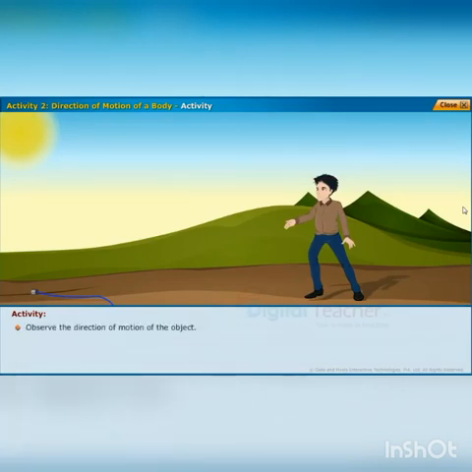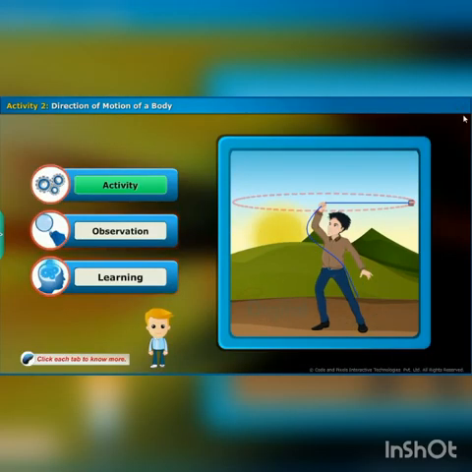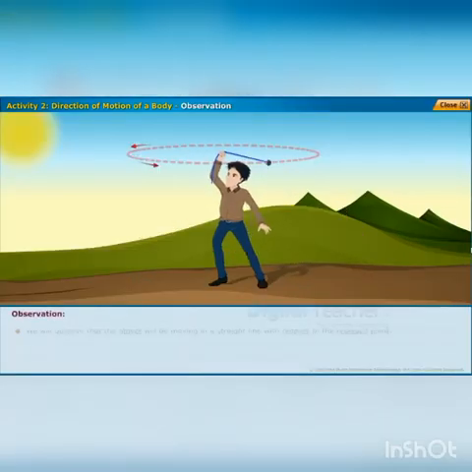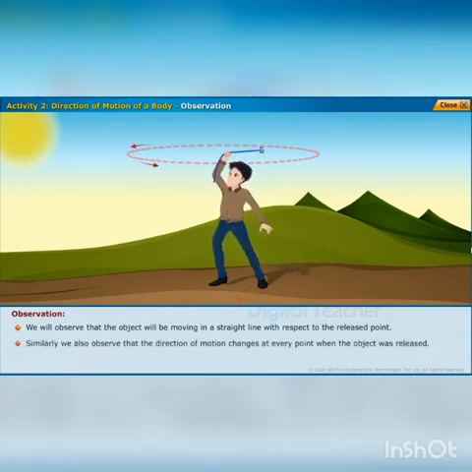Observe the direction of motion of the object. Repeat the same procedure for different points. We will observe that the object moves in a straight line from the released point. Similarly, we also observe that the direction of motion changes with every point at which the object is released.